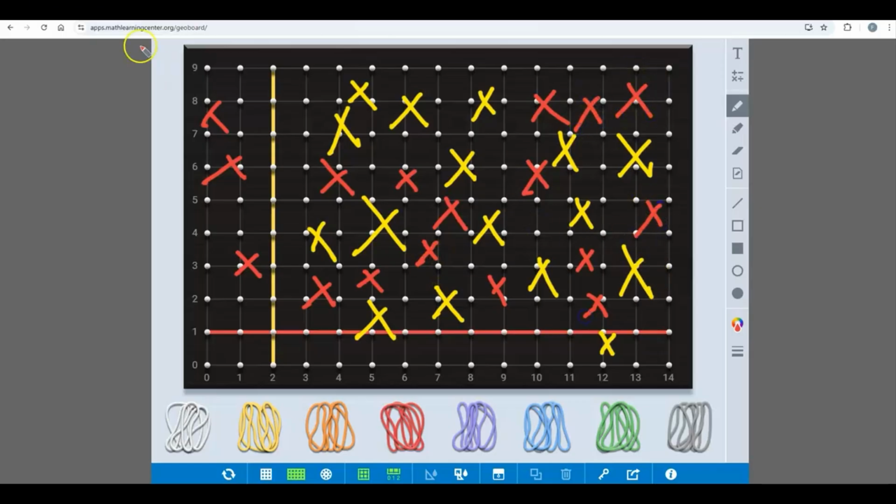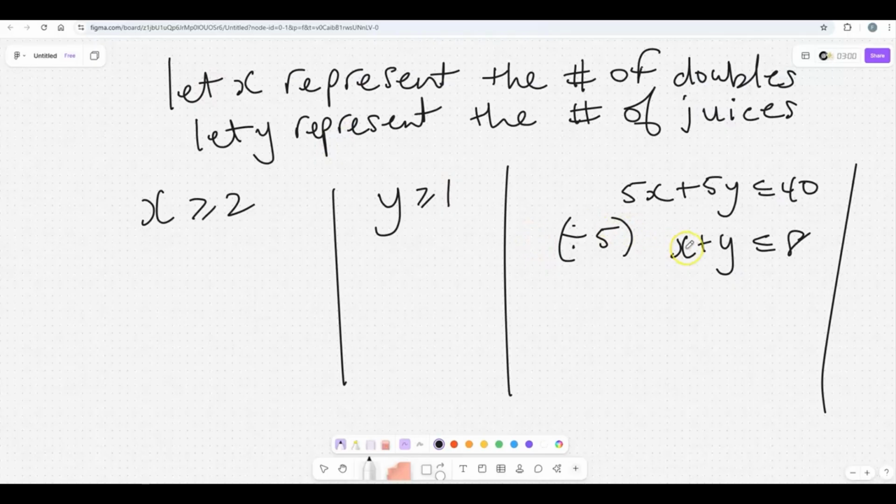Our final inequality is x plus y less than or equal to 8.